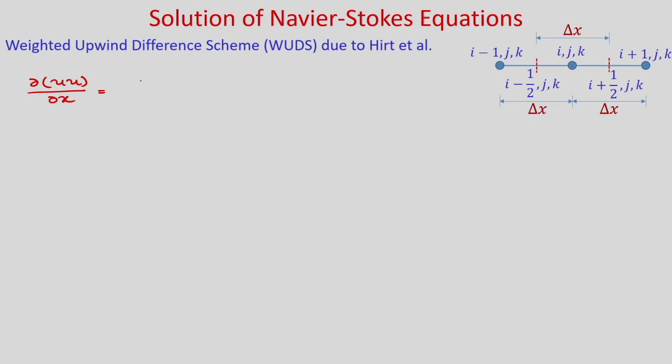So, we will use u(i+1/2, j, k) u star(i+1/2, j, k) minus u(i-1/2, j, k) u star(i-1/2, j, k), and the difference between these 2 points is delta x.